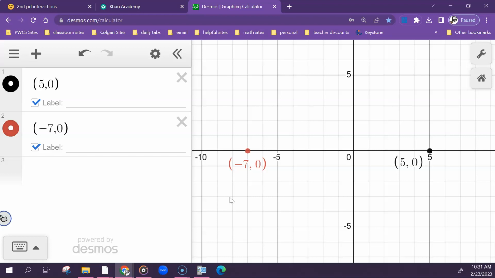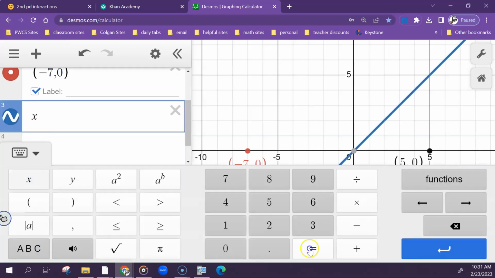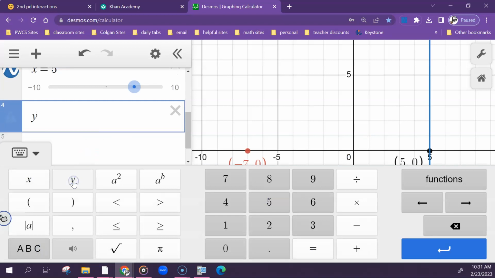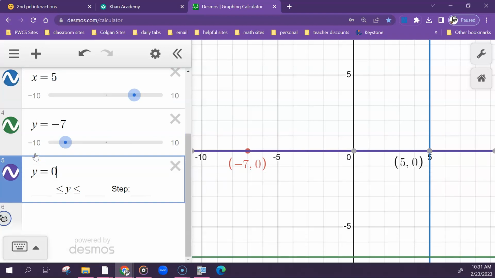It's a horizontal line, so it has to be a y equals. But let's say you know it's on a straight line but aren't sure which. You can put in all of your options. Great, so we have an x equals 5, an x equals negative 7, and a y equals 0. So I'm going to put in all of those and see which one goes through both points.